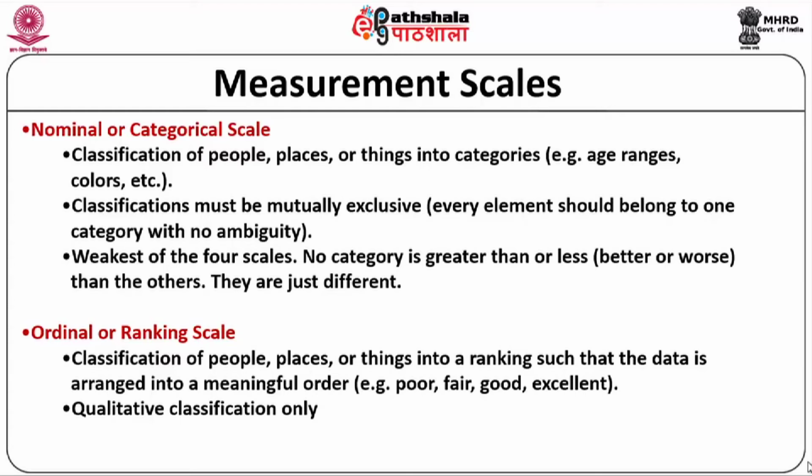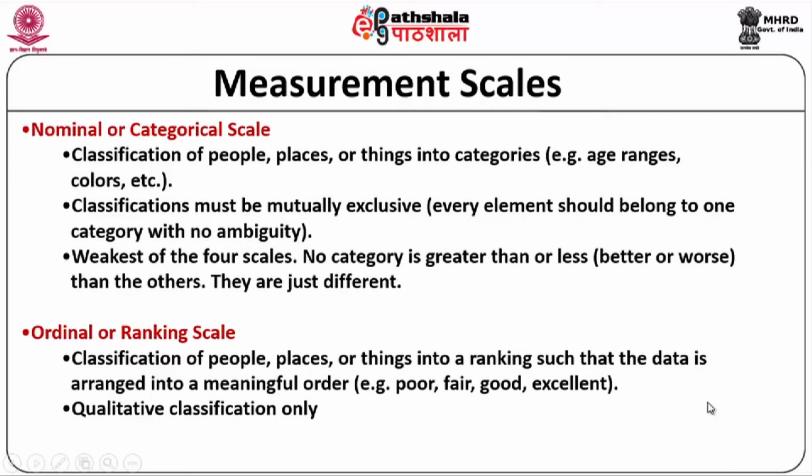Now, the labels poor, fair, good and excellent are in a sequence or in an order. So, we may be identifying which among that order of categorical labels needs to be assigned to a data. So, this is what is called as ordinal or ranking scale data. Both this nominal categorical scale as well as ordinal or ranking scale are used for qualitative classifications only.